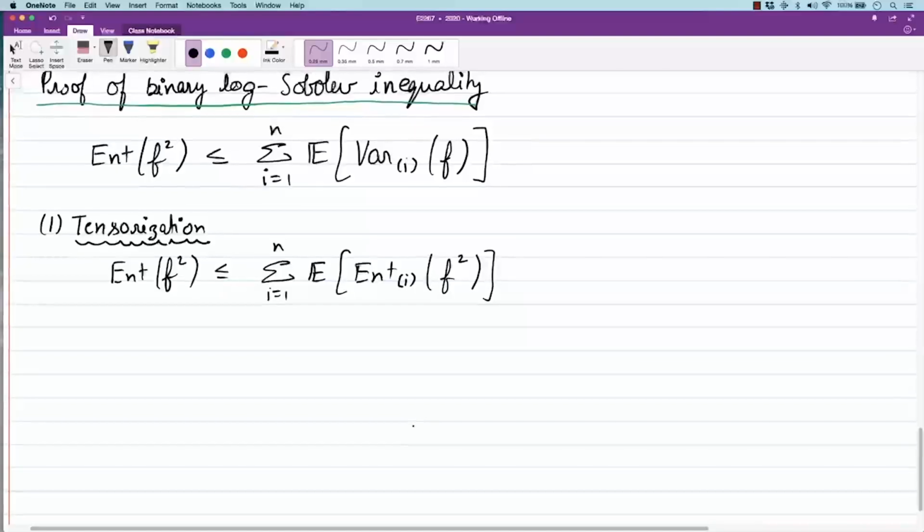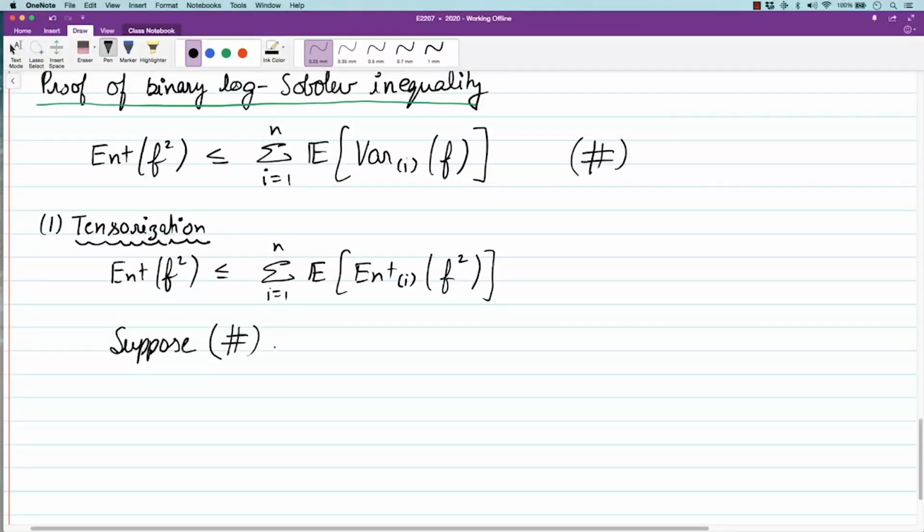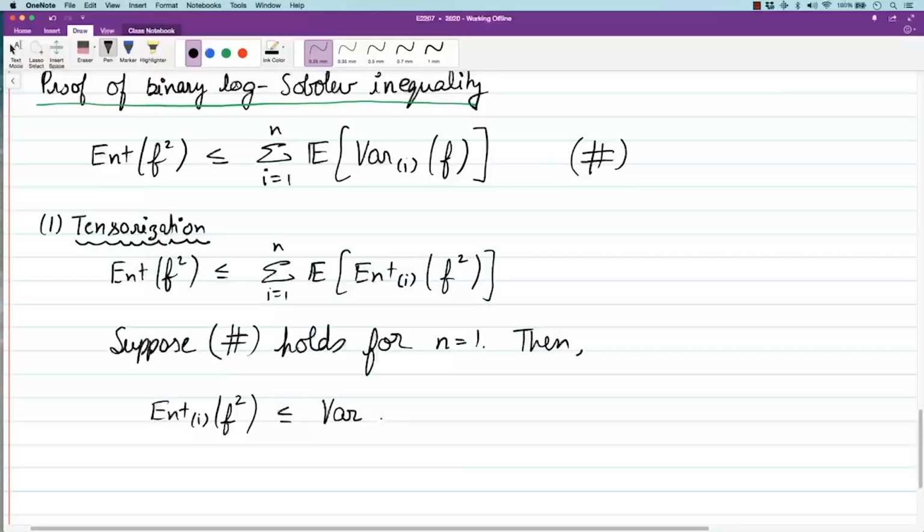And so suppose the inequality holds for n equal to 1. Then this entropy of f square here is less than or equal to the variance.